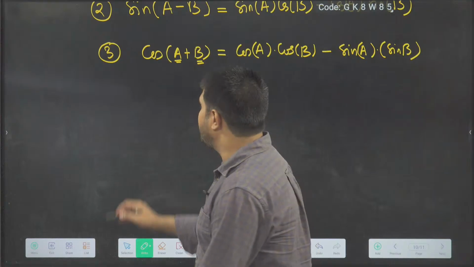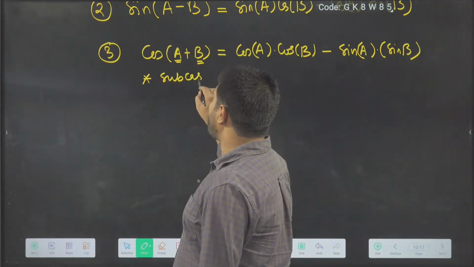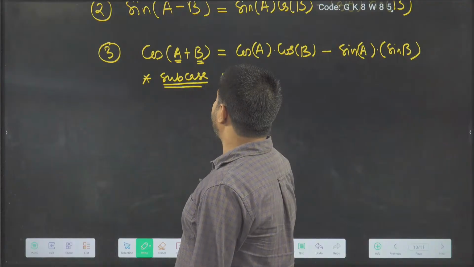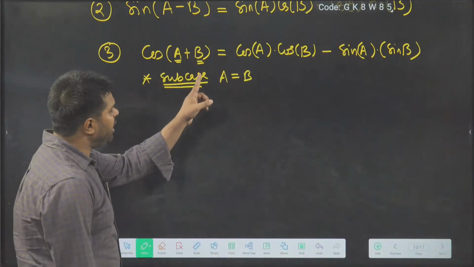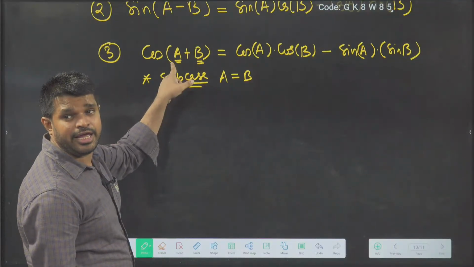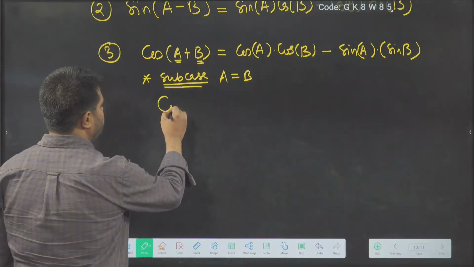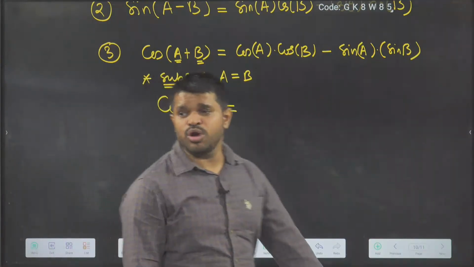Okay. Now let's go for the special case when A equals B. If you put B as A, A plus A becomes 2A. So we will get cos of 2A. Now, the formula is very simple.